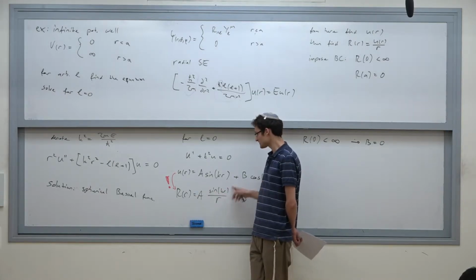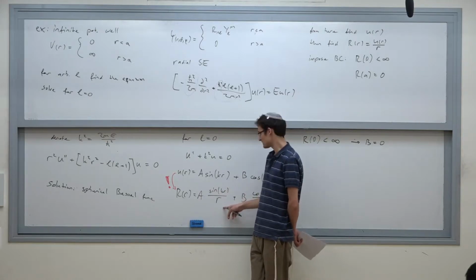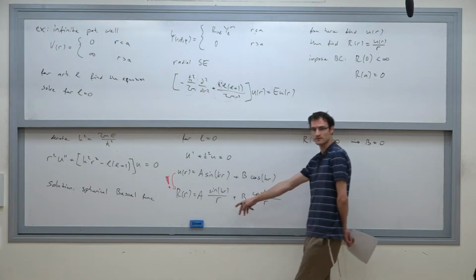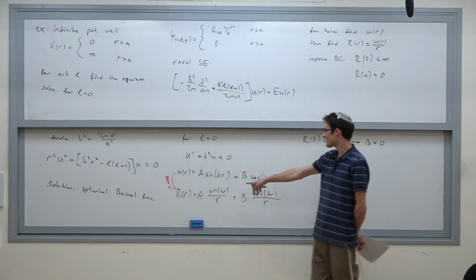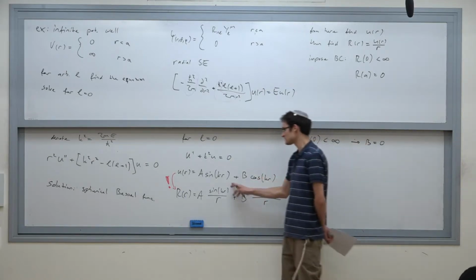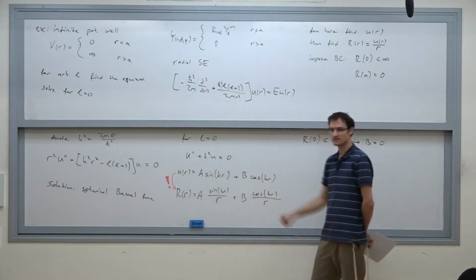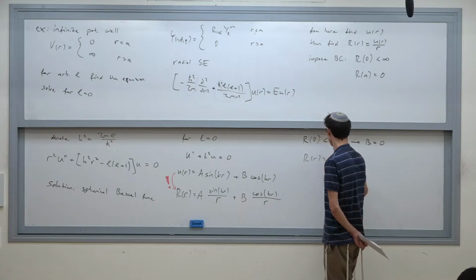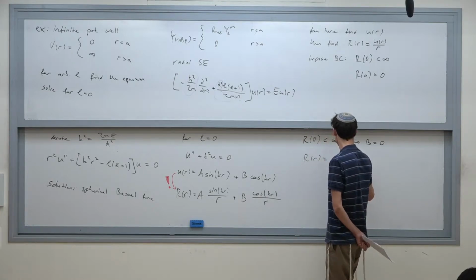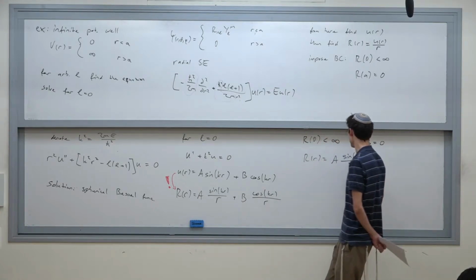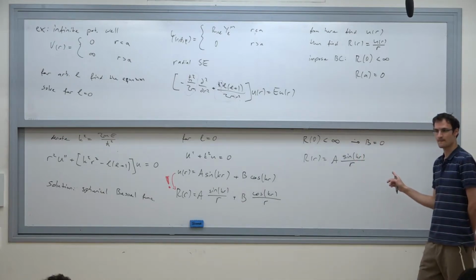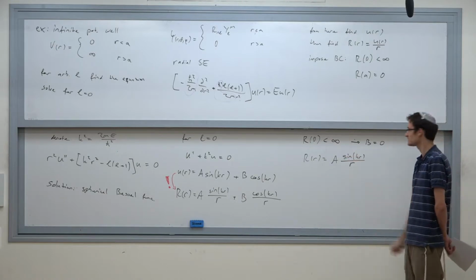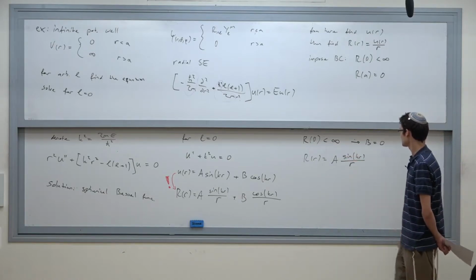Maybe you know this function as a sinc function, and the value at 0 is actually 1. If you take the limit properly, using L'Hopital, you'll find that this is finite at r equals 0, so that term is fine. So we can keep that term, and we are left with a sine kr over r. Is that clear? This is physics. It's not just stupid mathematics, this is physics. That's the stuff we like.